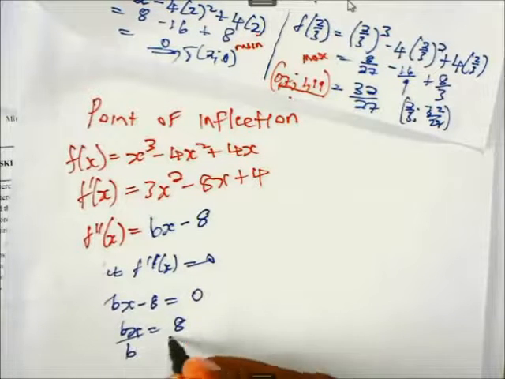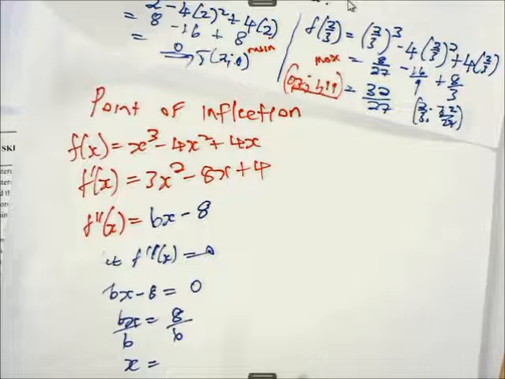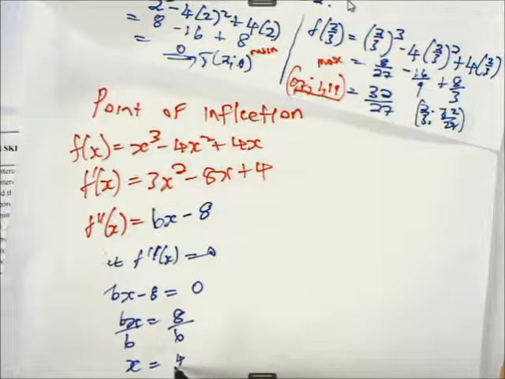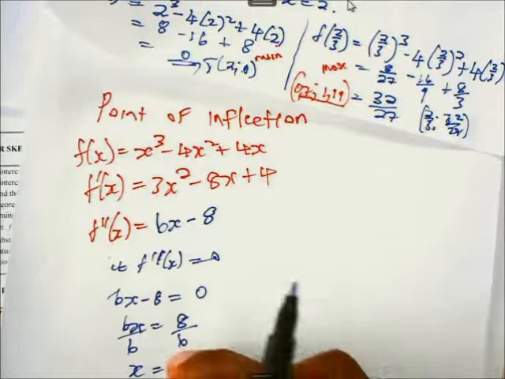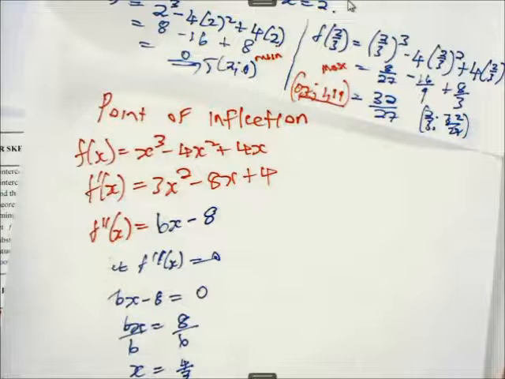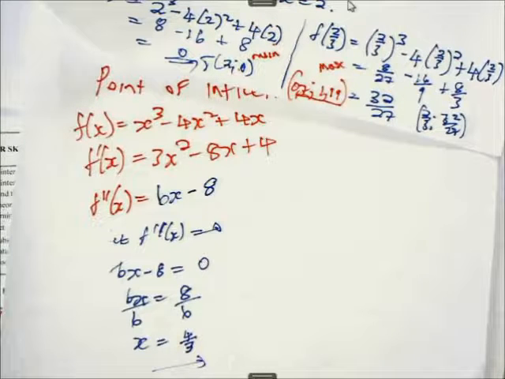Then divide by 6, then x is 8 over 6. Of course one can say 2 into 8 goes 4 times, and then 2 into 6 goes 3 times. That is why now we have x is 4 divided by 3.